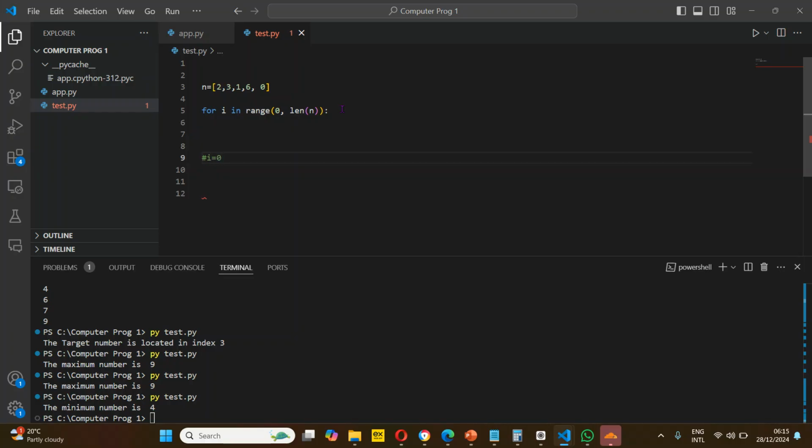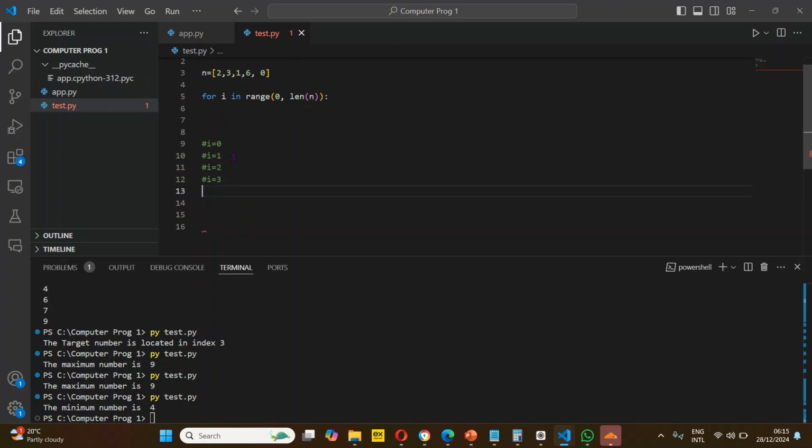The length of n is 1, 2, 3, 4, 5, which means i starts from zero, then i is equal to 1, 2, 3, 4. So this is the 5 iterations of this first outer loop, because we're saying i should start from 0 up to the length of n.